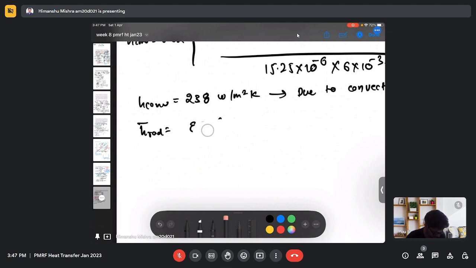For example, my heat transfer due to radiation is equal to, let's say, the Stefan-Boltzmann law. So this is my normal heat transfer due to radiation, and this is due to radiation inside the liquid, inside the fluid.